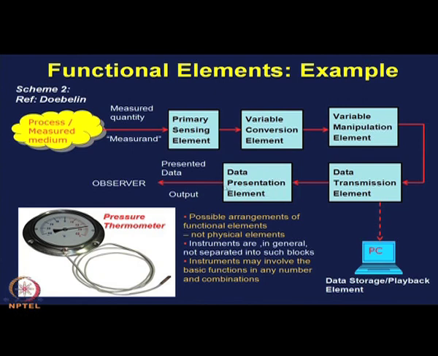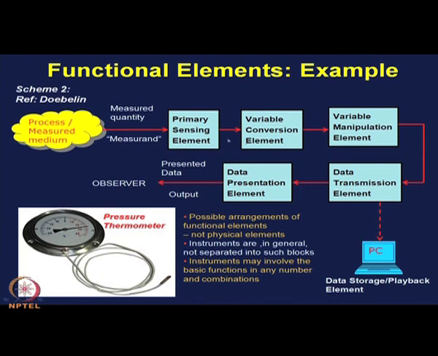Before we take an example and break down the instrument into its various functional elements, let us note the following points. These represent a possible arrangement of all the functional elements that is necessary to describe the operation of an instrument. Remember, we are talking about functional elements, not physical elements.